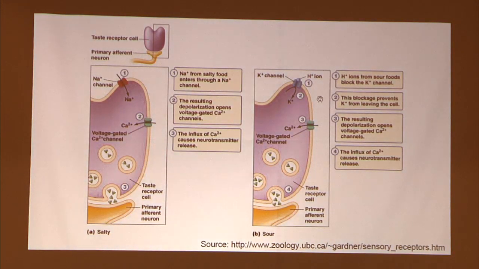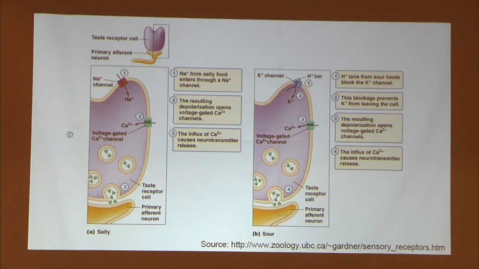Okay. So then we have a closer look at what's going on. In salty, we have sodium going through the ion channels. They're going to depolarize and open these voltage gated calcium channels, and that's going to release neurotransmitters.